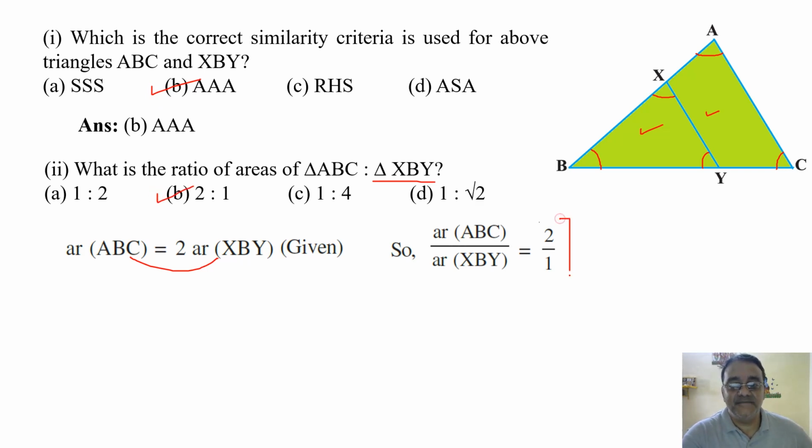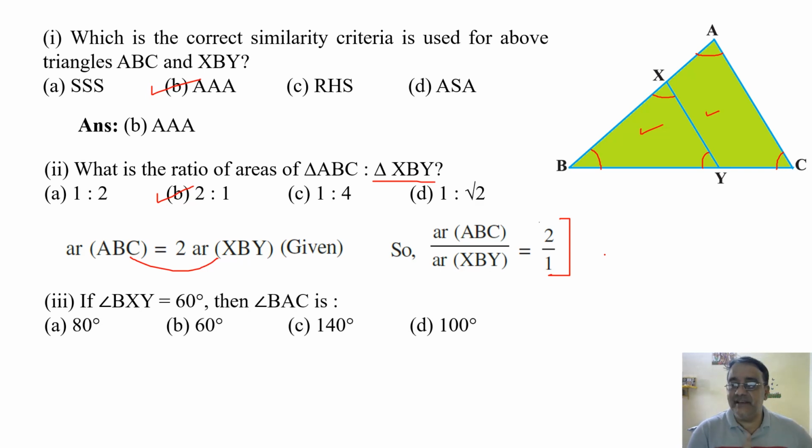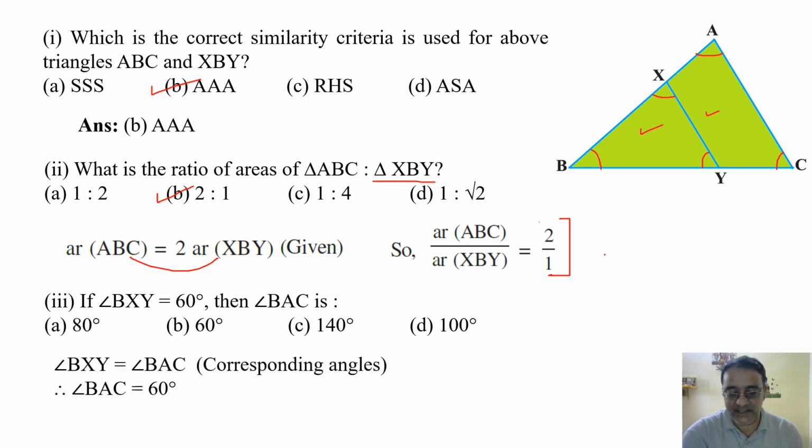Any doubt here? No, sir. Now the next question: if angle BXY is 60 degrees, what is the value of angle BAC? 60 degrees. Right, it is also 60 degrees, corresponding angles. So the correct option is the second one, that is B.